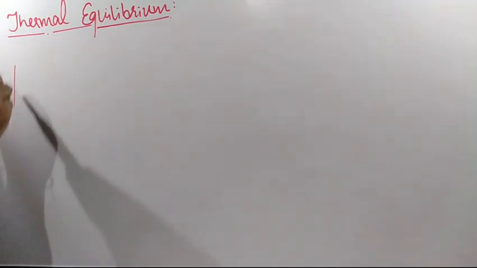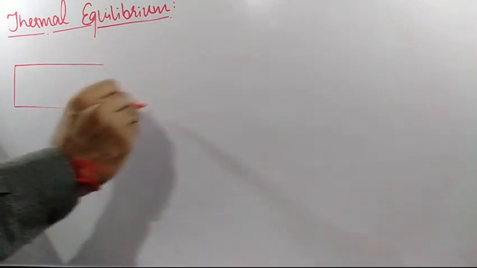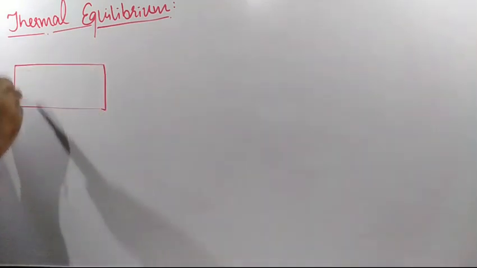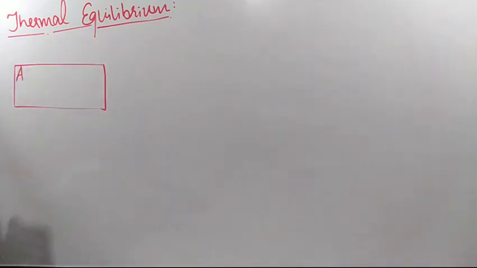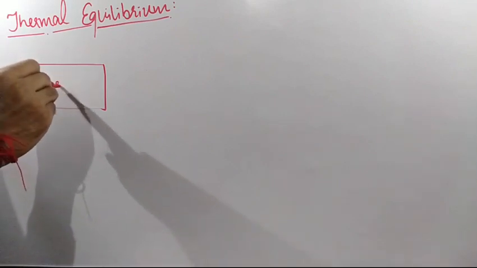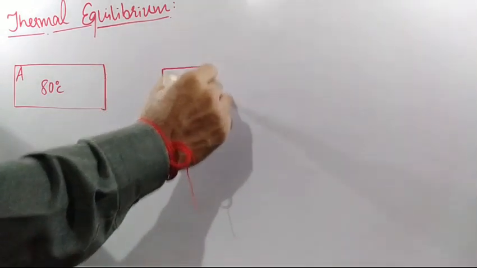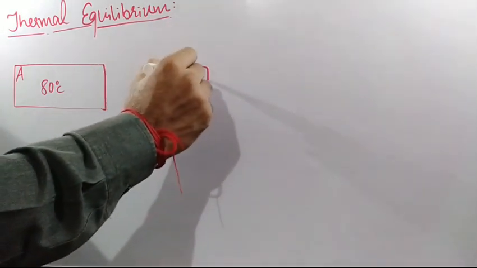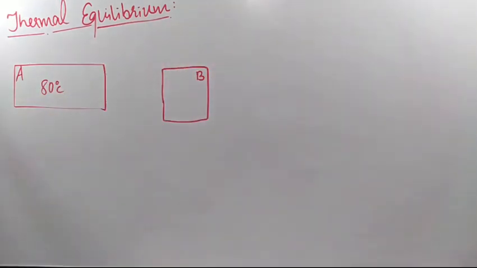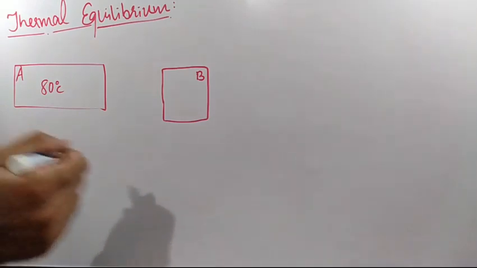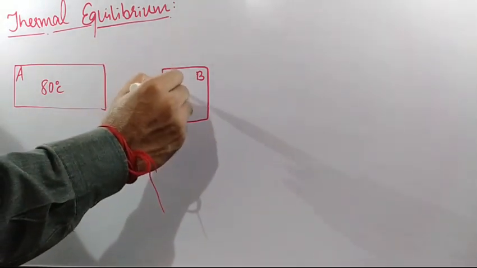Let us assume here I have one system A which is reading 80 degrees Celsius, and here one more system, let us name it B, which has a temperature of 10 degrees Celsius.